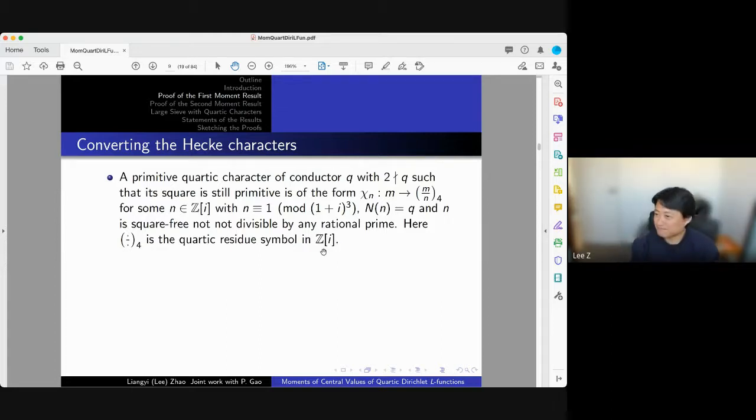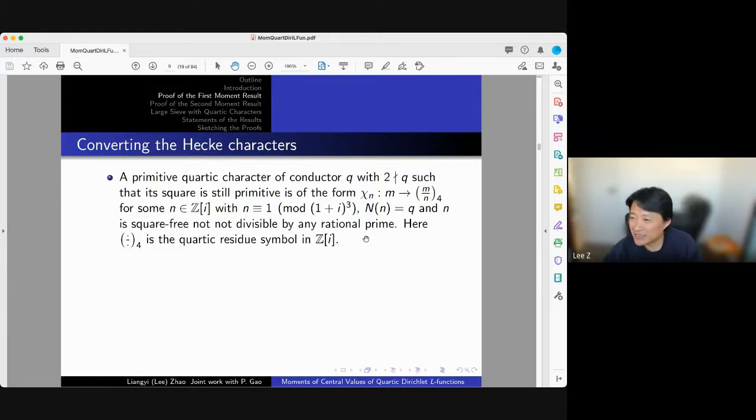So these Hecke characters are basically extensions of Dirichlet characters. Instead of working over Z, I'm working over Z[i]. What this lemma does is that it rewrites those characters chi as basically these quartic symbols in Z[i].